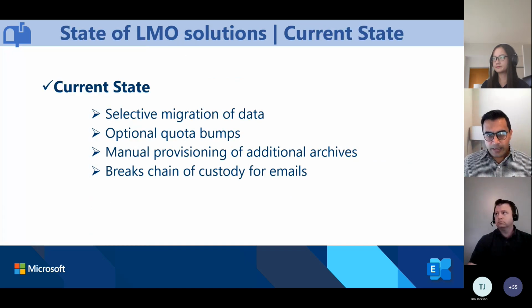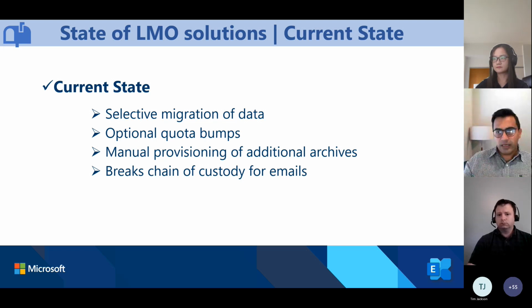So let's look at it. In the current state of the solutions that we have for large mailbox onboarding, what we recommend is, make sure you are only migrating what you need so that you don't hit the mailbox size limit. But again, that's likely a migration of partial data. And then you also ask for an optional quota bump and say, can you bump my quota for my specific license a little bit more?